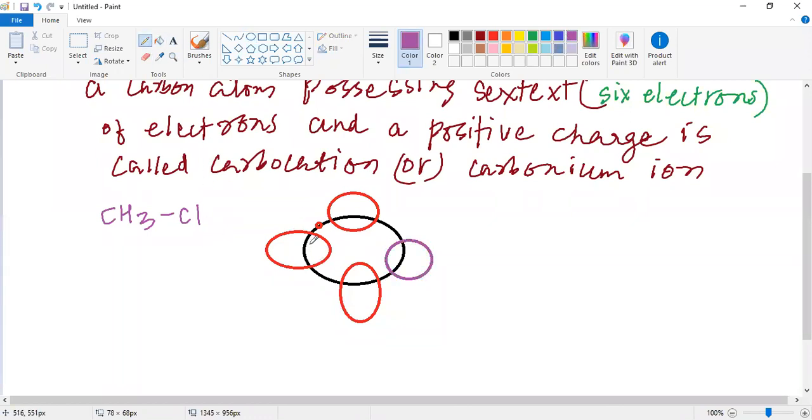So you can see here that this particular compound has got this kind of sharing of electrons. This is C, then you have hydrogen, this is hydrogen, this is hydrogen, and here you have Cl. So this is how we write CH3Cl, my dear student.